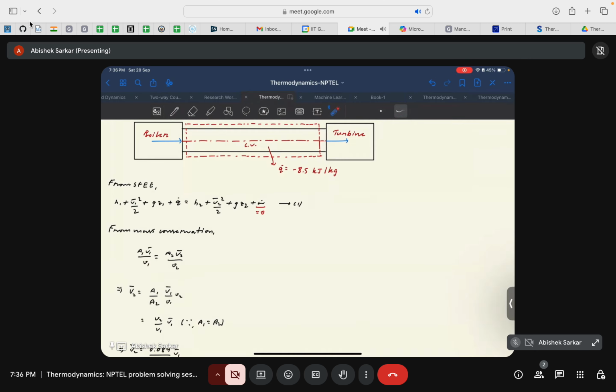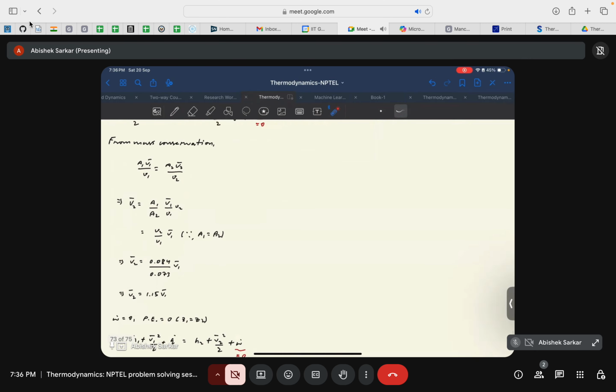For mass conservation, we use this to find the relation between V1 and V2, so that we can get an equation of V1 or V2, substitute either one of them into the energy equation, and then find the value of V from the energy equation. To find the relationship between V1 and V2, we use this mass conservation.